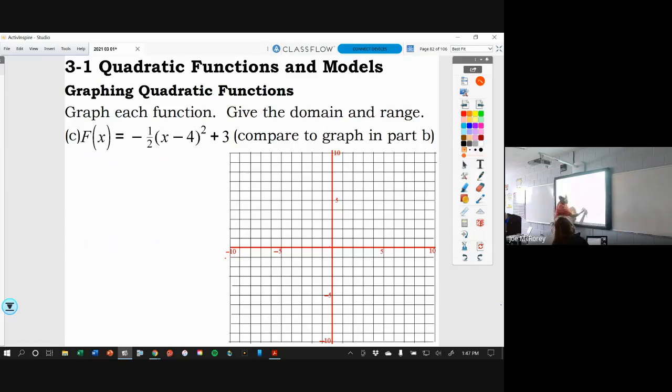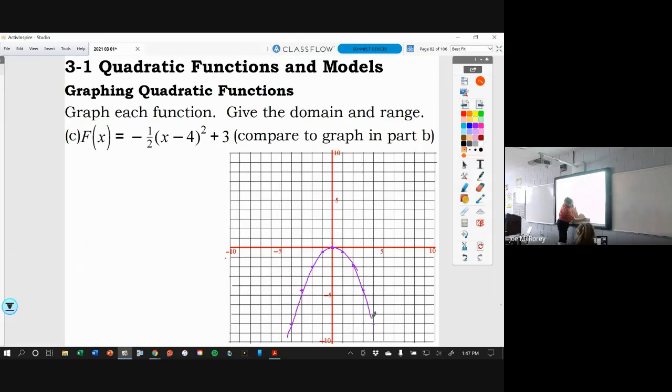It's translated to the right. And then it shifts up 3, right? Someone? Anyone? I think I'm pretty close.